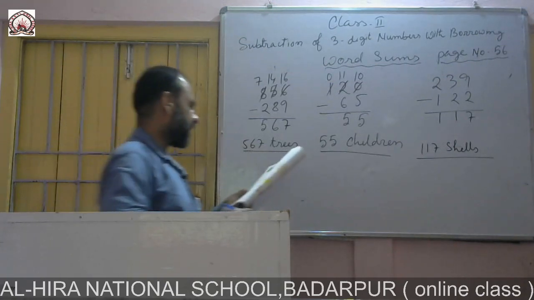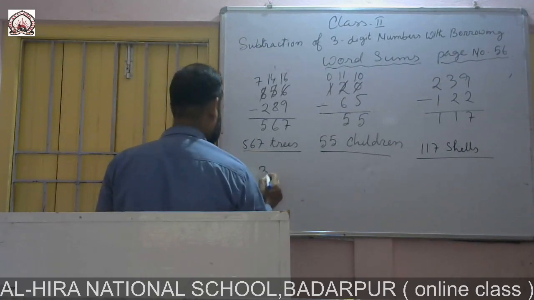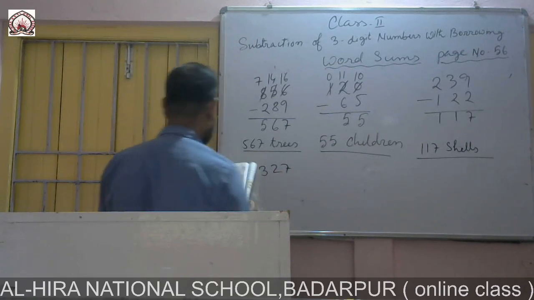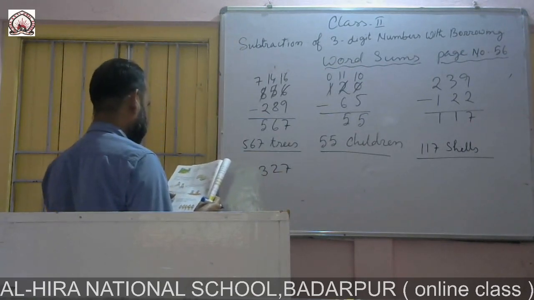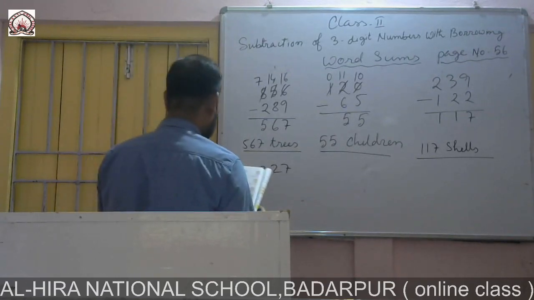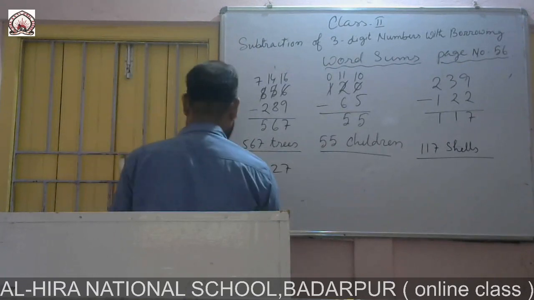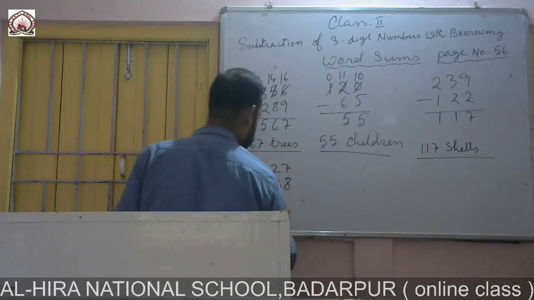So Maya has how many coins? 327 coins. She has 138 coins more than Ann. So 327 minus 138.